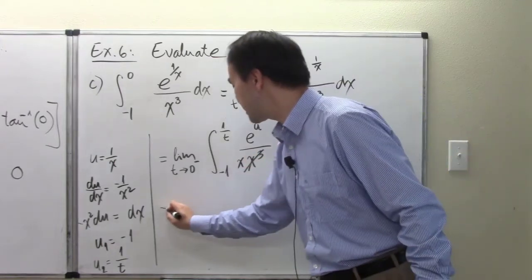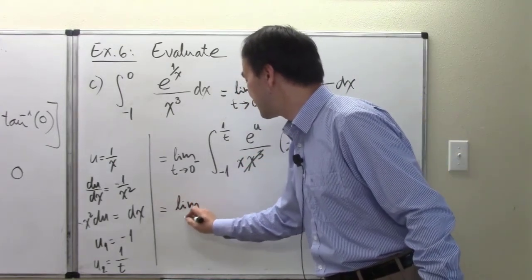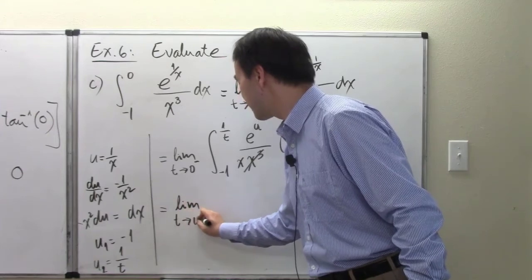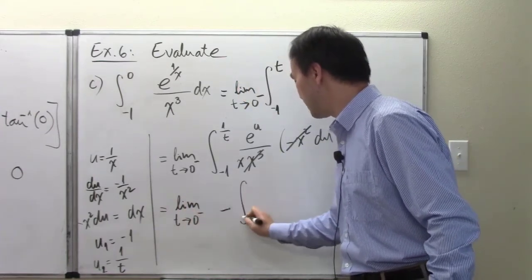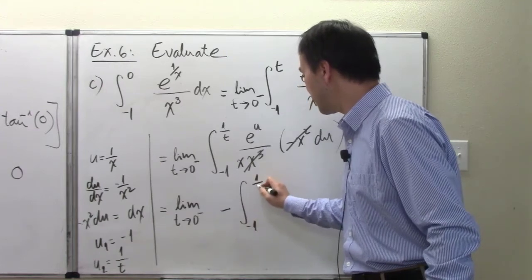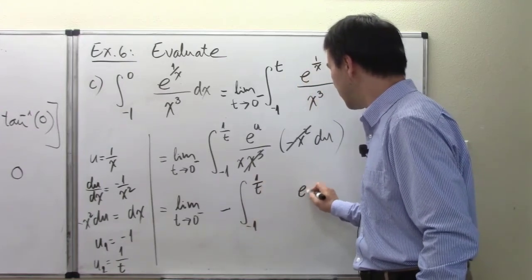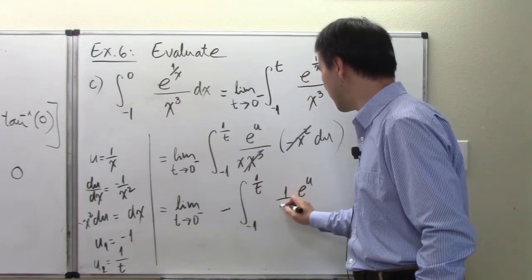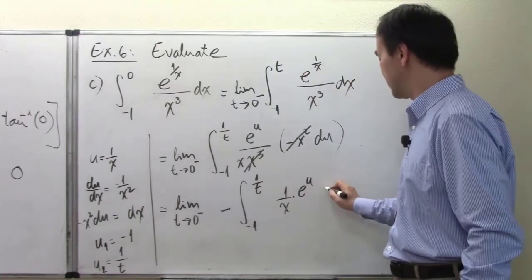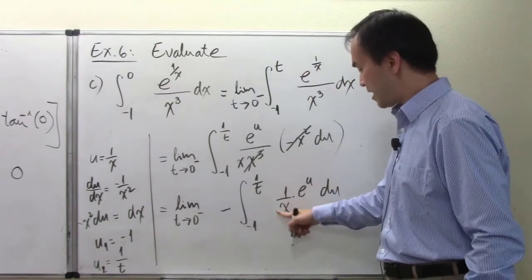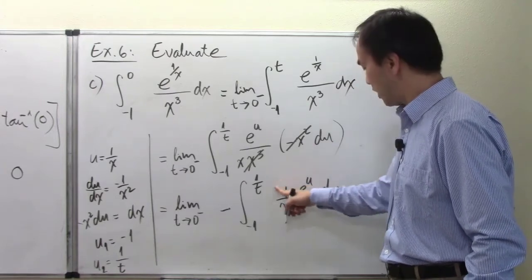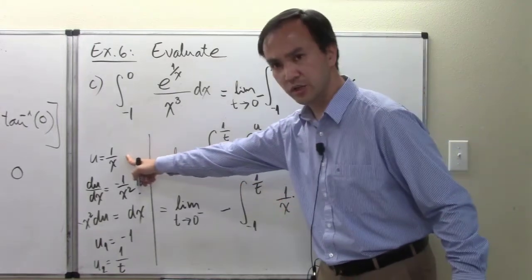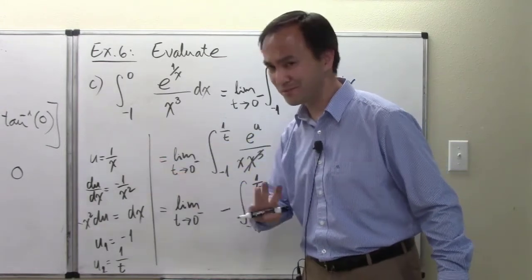So in my next step, it's a limit problem for t to 0 from the left hand side of the negative integral from minus 1 to 1 over t of e to the u times 1 over x du. I purposely wrote it like that. But see, observe this, 1 over x here is another u. It's the art of substitution.